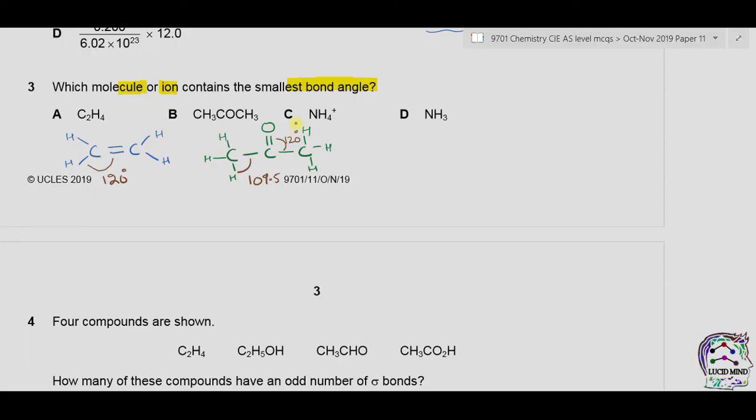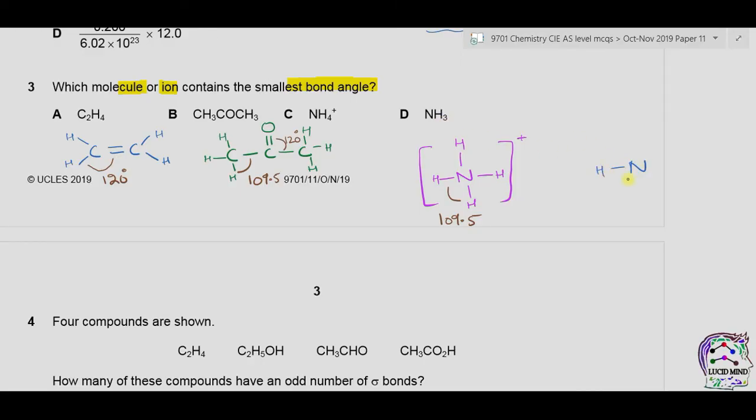C is NH4 positive, and in NH4 positive we have 3 single covalent bonds and 1 coordinate covalent bond. As the structure is tetrahedral, so the bond angle will be 109.5. Part D is ammonia.